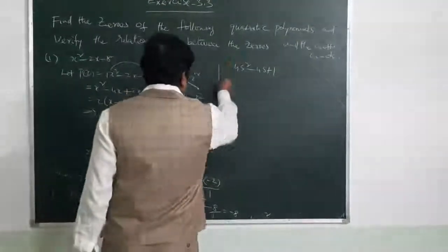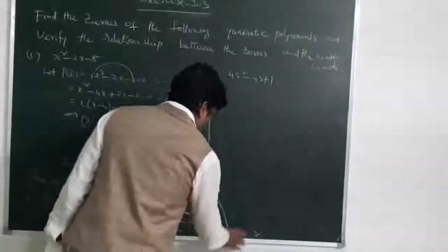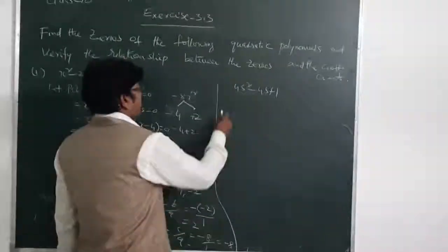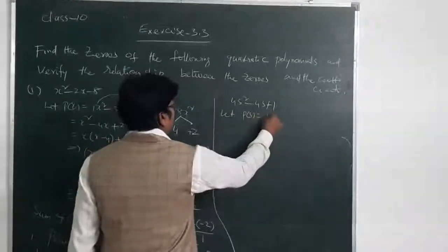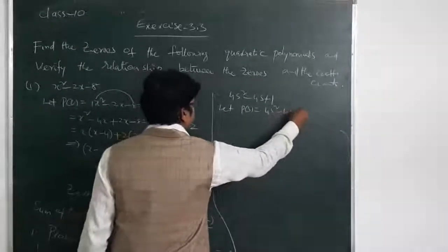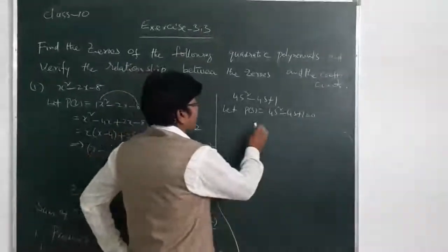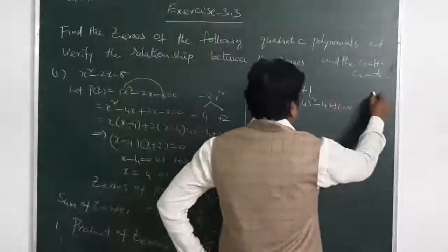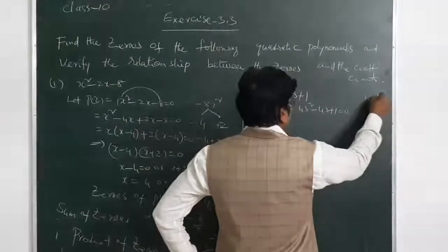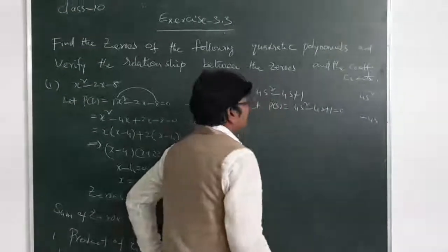And one more I will solve here. Let p of s equal to 4s square minus 4s plus 1 equal to 0. Now, the product of 4s square and 1 is 4, and the middle term is minus 4s.